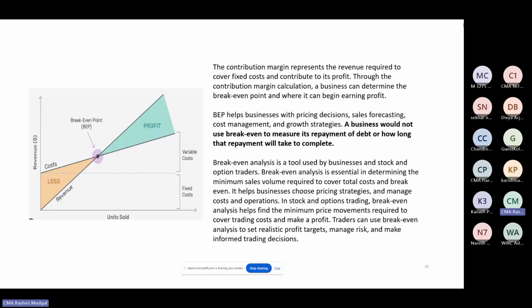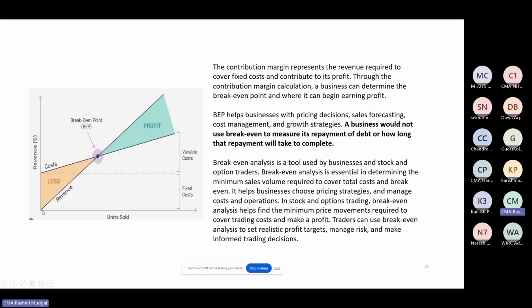So here is the chart I have already made. This line, parallel to the horizontal axis where the units are sold, is my fixed cost. This is my total cost.